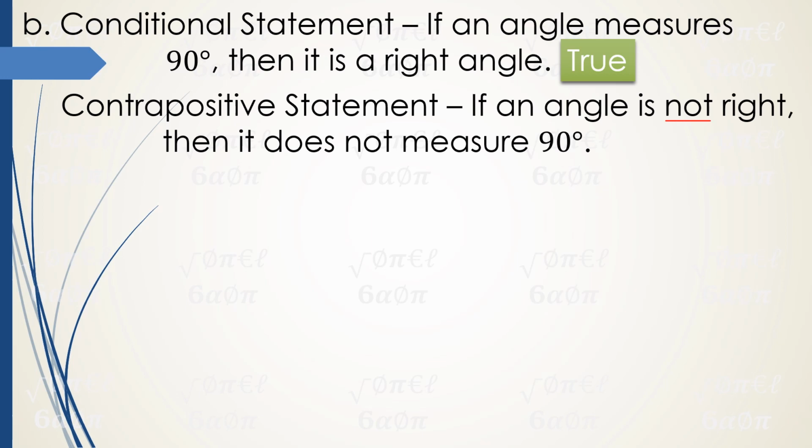So, nag-start tayo dito sa conclusion. Tapos nilagyan natin ng not. If an angle is not right, then it does not measure 90 degrees. So, ano kaya siya? True or false? Kung hindi raw right yung angle, hindi raw siya nagme-measure ng 90 degrees. It is a true statement pa rin.